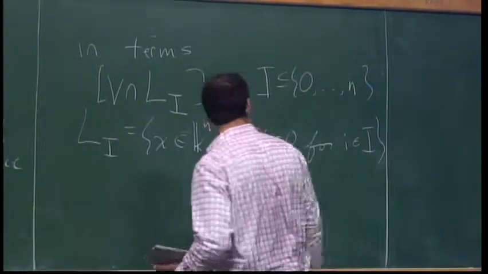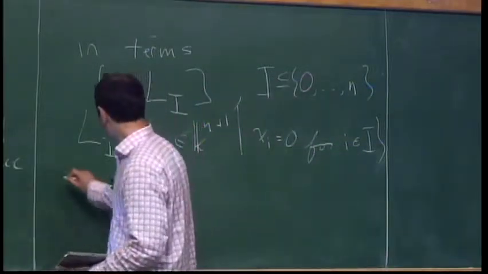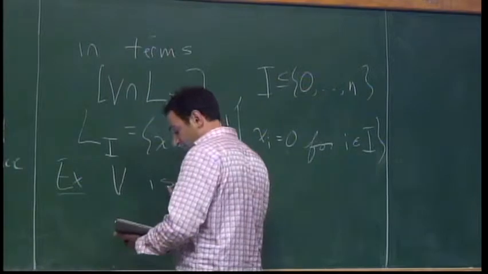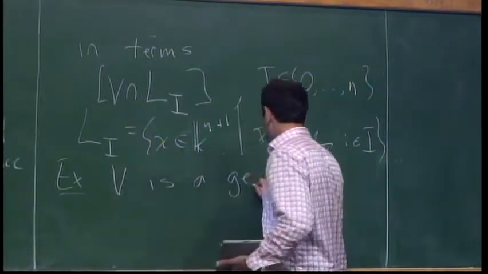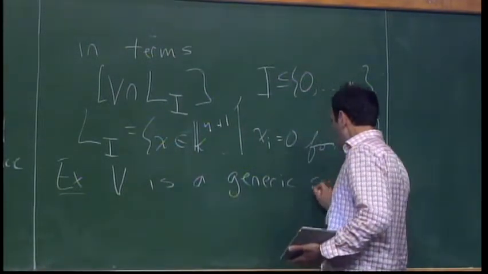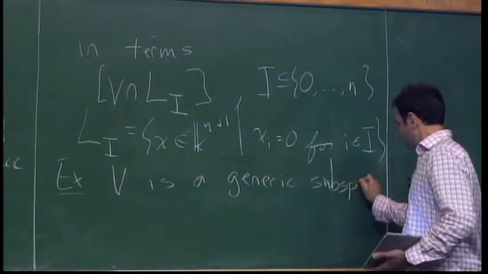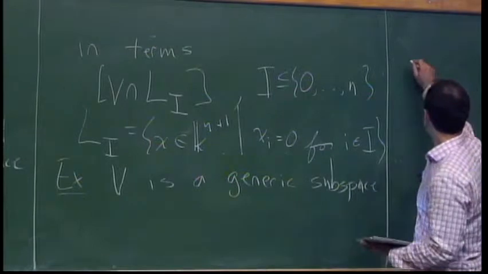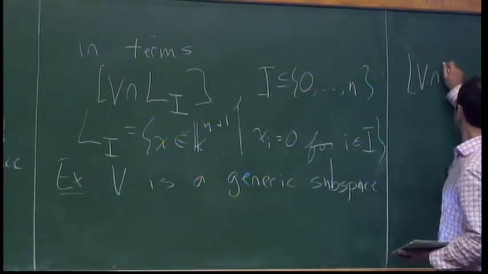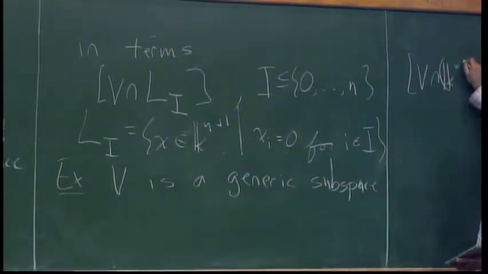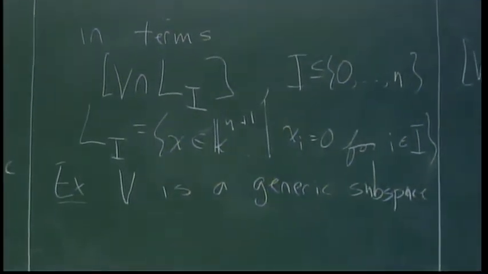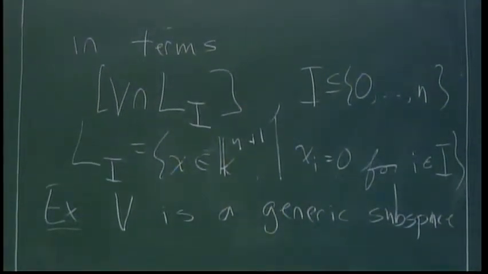So it's more clear when I give an example. So if V is a generic subspace, in other words, it intersects every coordinate flat in the expected dimension, then we have the following. We start with V itself, which I'm going to write in the following form.